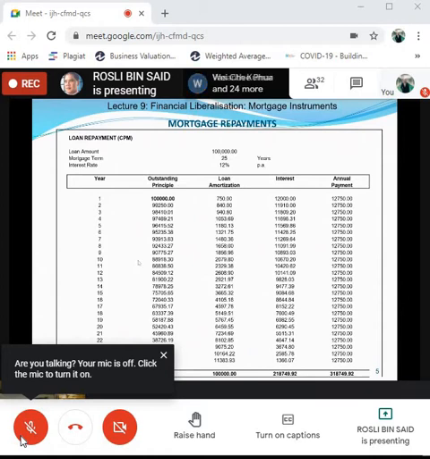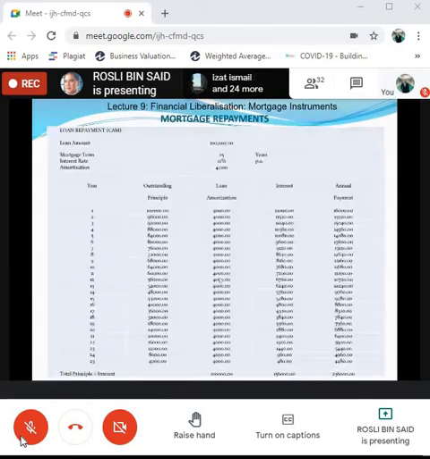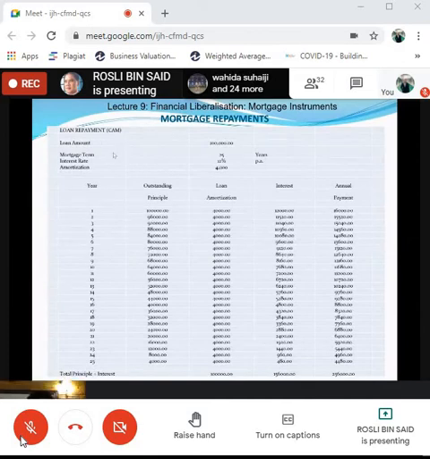Okay. So now to constant amortization mortgage. Just now we talked about constant payment mortgage, so basically the payment is constant. But now we talk about a constant amortization mortgage, so the amortization is constant.